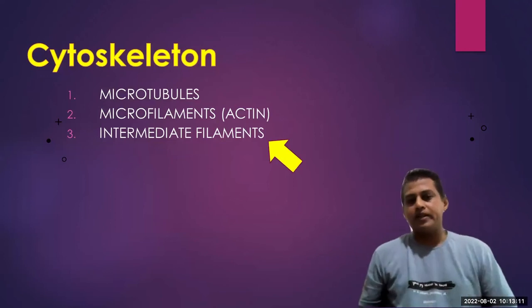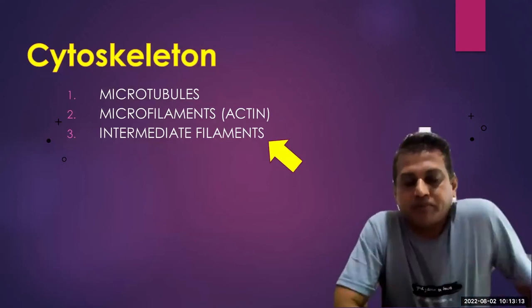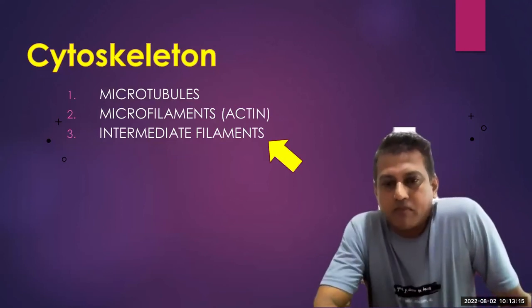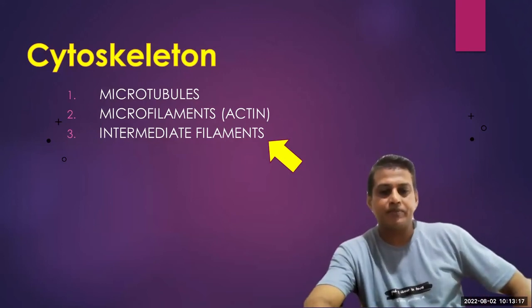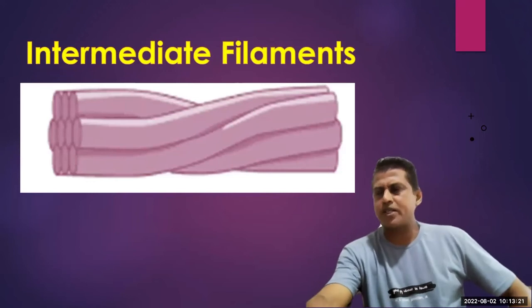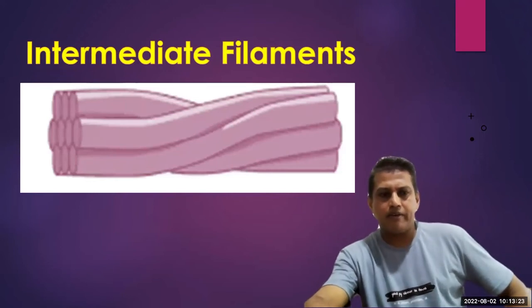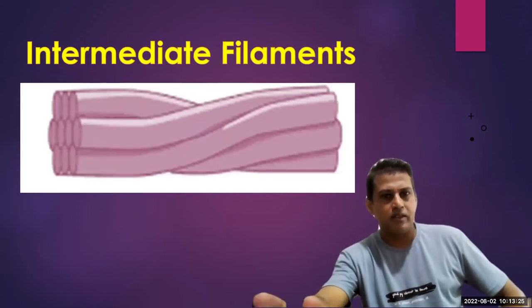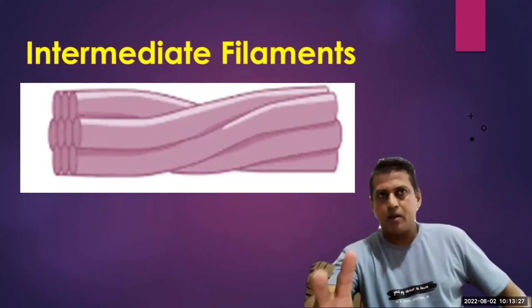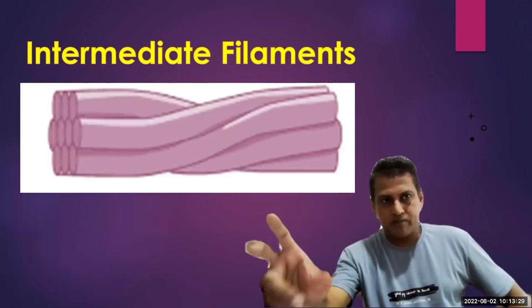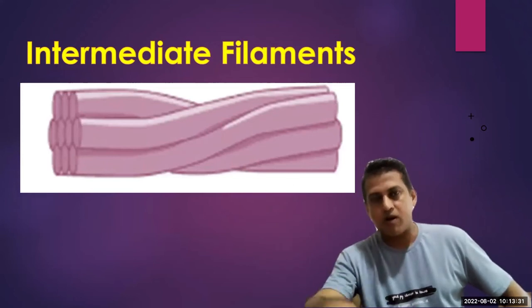The last one, intermediate filaments. So intermediate filaments, how are they made? There are no special structures, because tubulin makes 13 protofilaments and they make the columns.